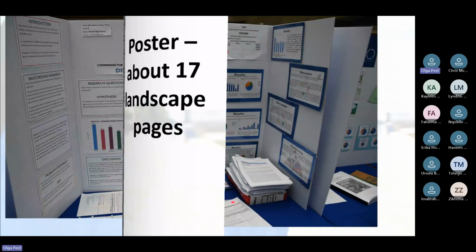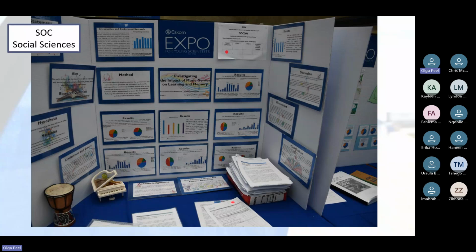Let's have another look. Here's a different social science project. No photos, but graphs. Do you see that they also put a blue outline around their A4 page? That was to help the poster become more striking. I also see a box on the bottom right here on the table. I reckon that's all the survey questionnaires, and part of the project.